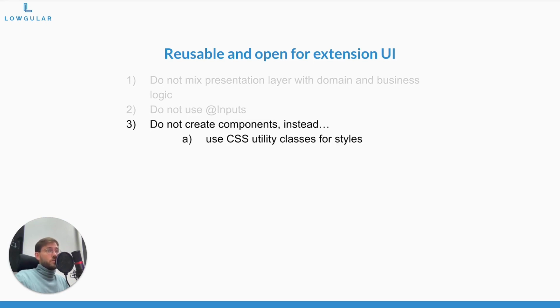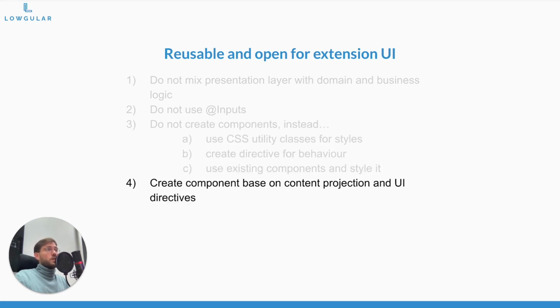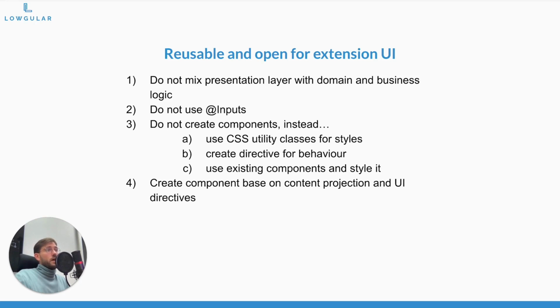Instead, create reusable styles, create directives, use existing components, and only if you really need to, create a new component. And this is one thing I would like you to remember from this presentation. Do not create components if it's not needed. And thanks to that, we have rules which can save you a lot of time and money. And trust me, it will give you a lot of fun when you can easily redesign your application.